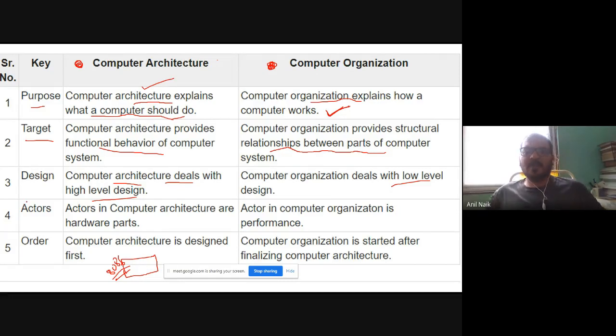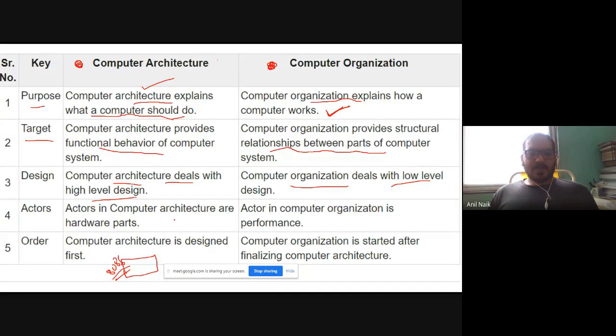That specifies the high level computer architecture: registers, different other functions, input port, output port. And computer organization deals with the low level design in detail about the registers, what the different types of registers are.